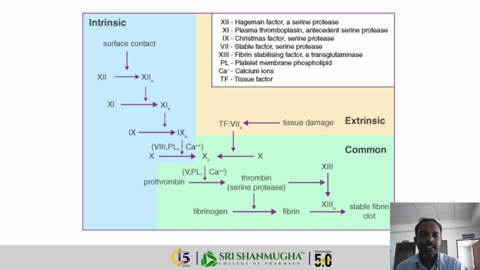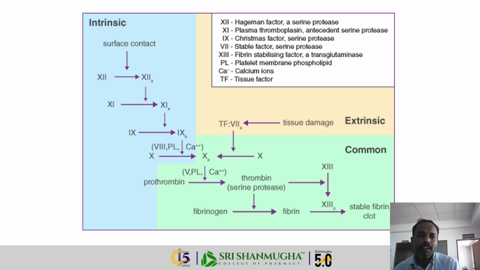Starting from the intrinsic pathway, it starts with surface contact of factors 12 and 12A, and then 11 is converted to 11A. 11A assists in the conversion of 9 to 9A. 9A assists the conversion of 10 into 10A. Finally, 10A assists the prothrombin to thrombin conversion, which is also assisted by calcium, and then thrombin is formed.